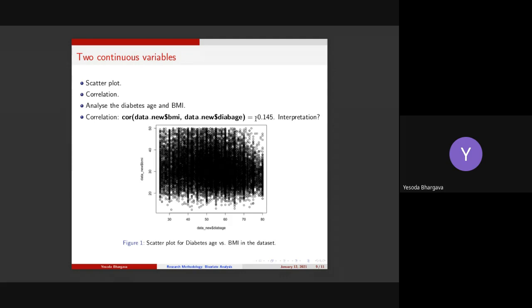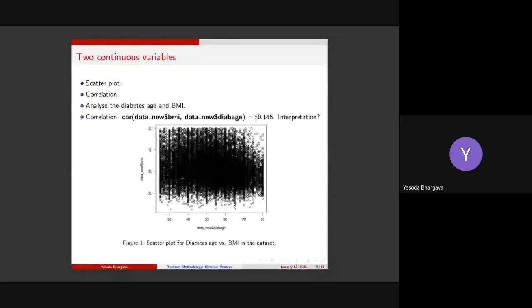Imagine a person who gets diabetes at a lower age and a person who is getting diabetes at a higher age. If someone is getting diabetes at a lower age, it is highly possible and probable that they might have a higher BMI. And this is only for this particular data set.